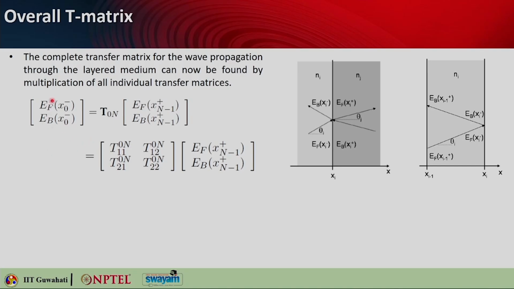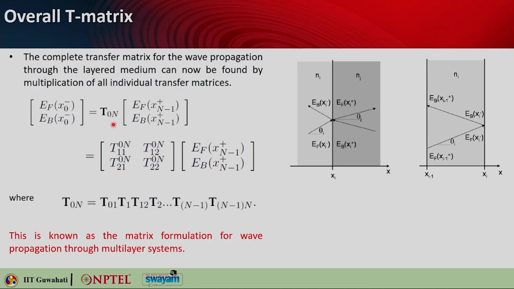So if you write the left side with respect to the right side quantities, then the transfer matrix is called T0 to n. If you remember, the first layer is 0, the last layer was n. So this matrix will also have 4 elements, T11, T12, T21 and T22. And how do you obtain this?